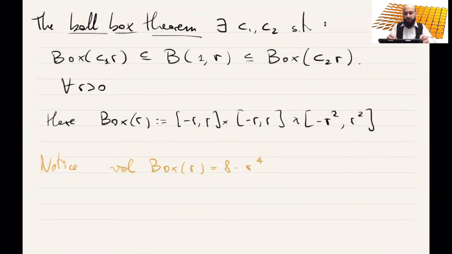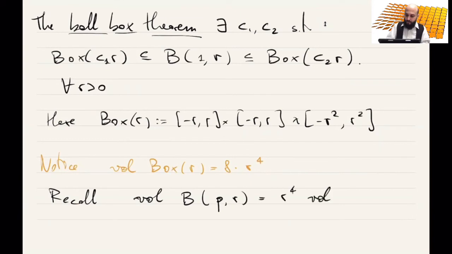But we saw in the previous video that the volume, not only of the ball of radius r at the origin, but really at every other point, is equal to r to the fourth times the volume of the ball centered at the origin with radius 1.